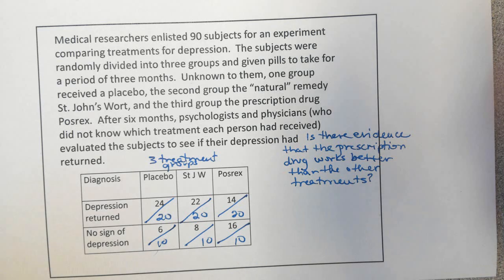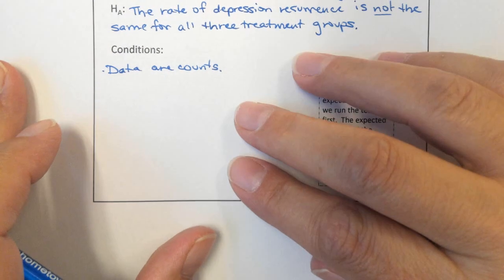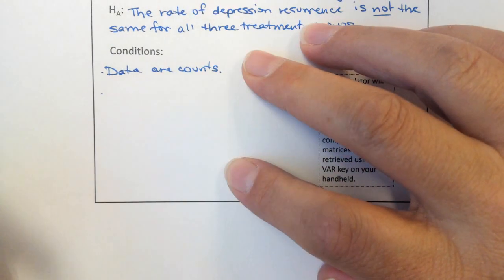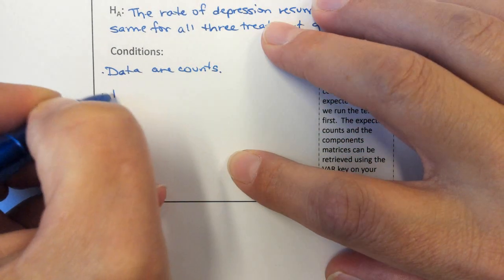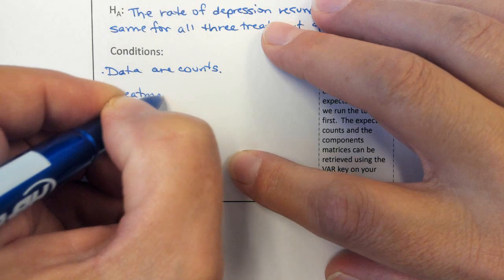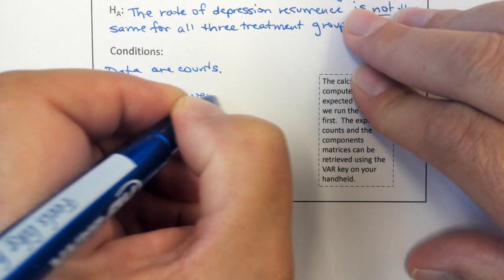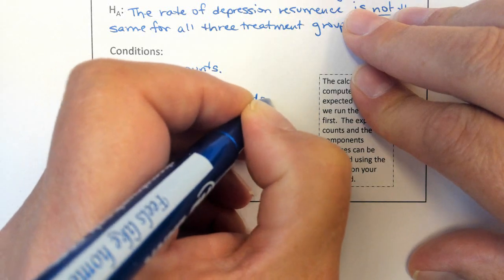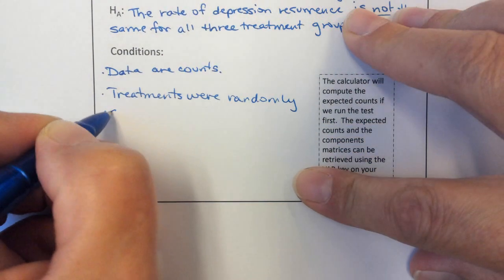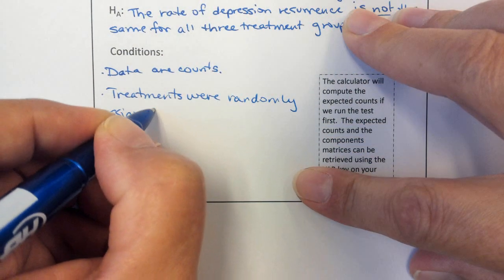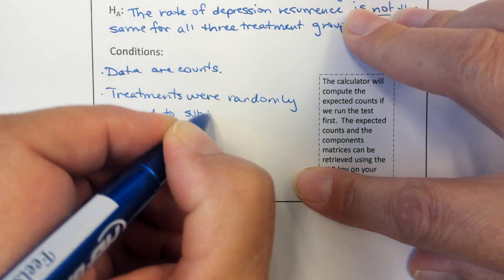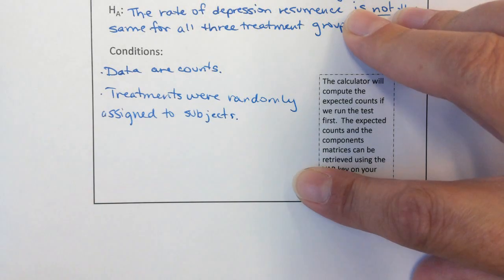So now let's go back and check off our other 2 conditions. So the random condition: treatments were randomly assigned to subjects. Okay, check.